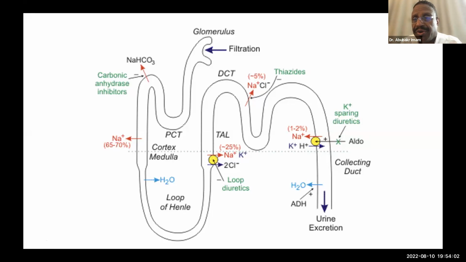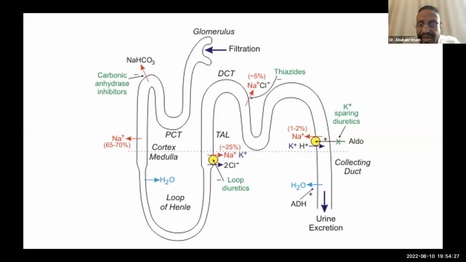Excessive aldosterone will give you hypokalemia. And if you have diseases of aldosterone, or if you have used potassium-sparing diuretics, the potassium secretion will be affected and the patient can present with hyperkalemia.